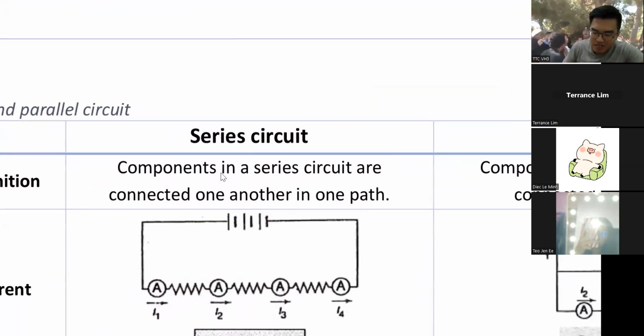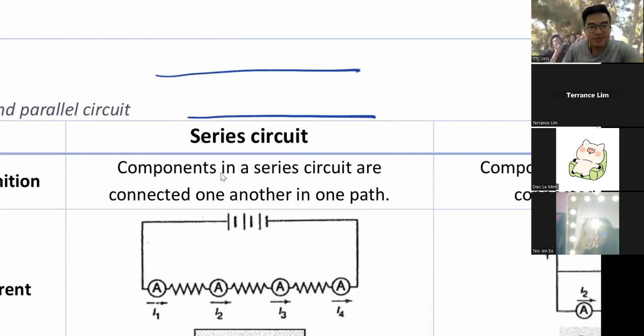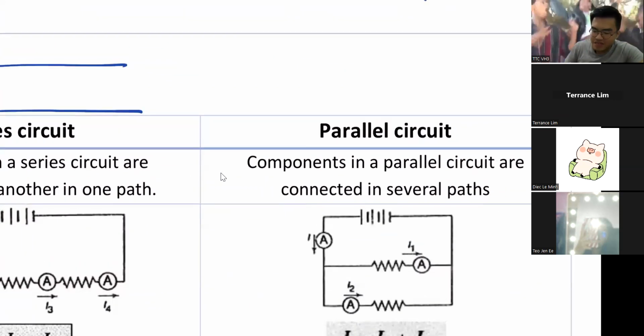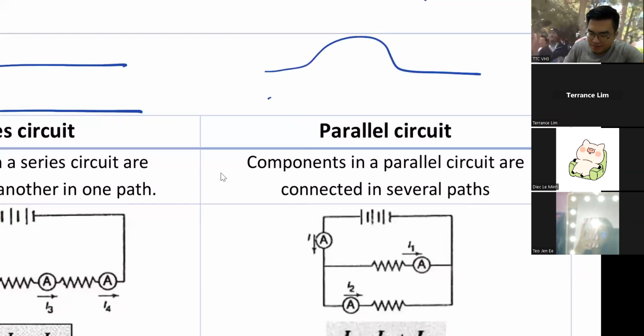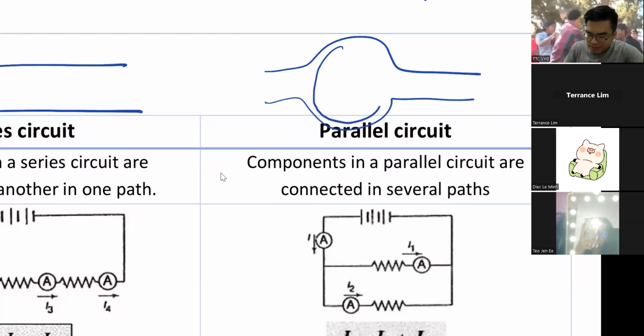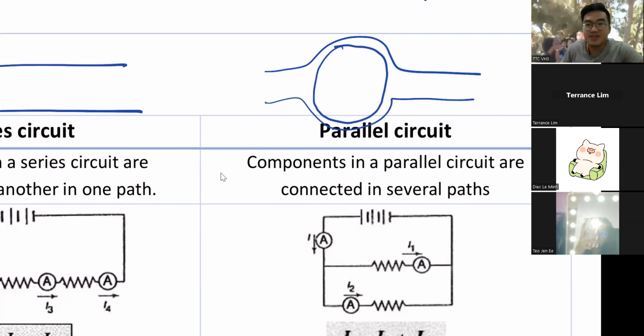That means for series, the river looks like this, and for parallel, the river looks like this. Can you see the difference? Hello, Jingyan. I didn't notice you disconnected.